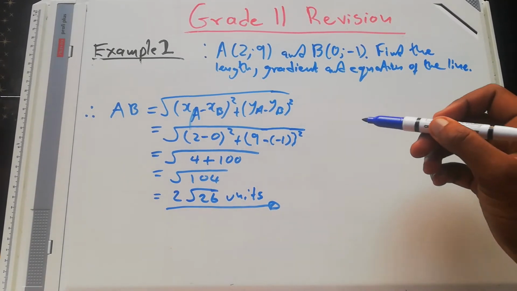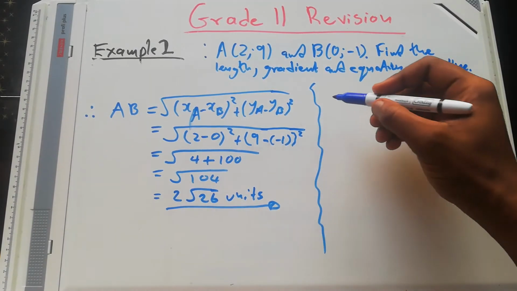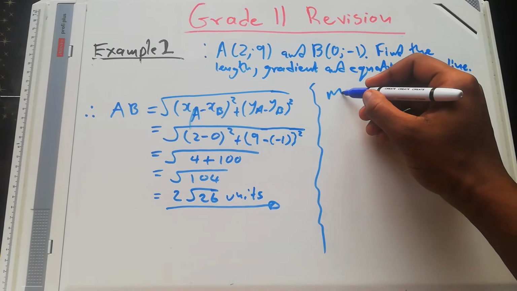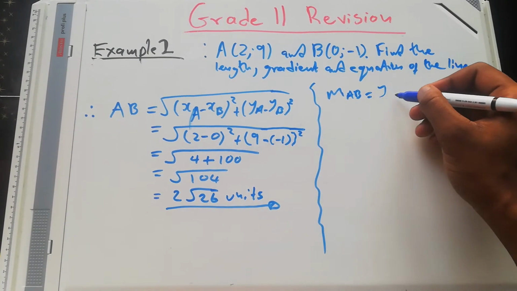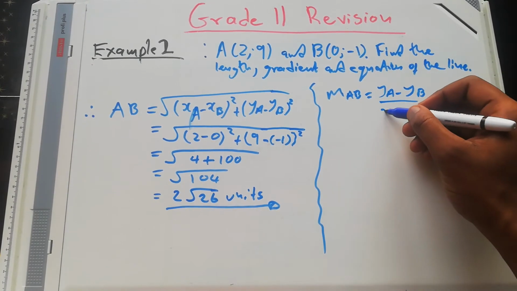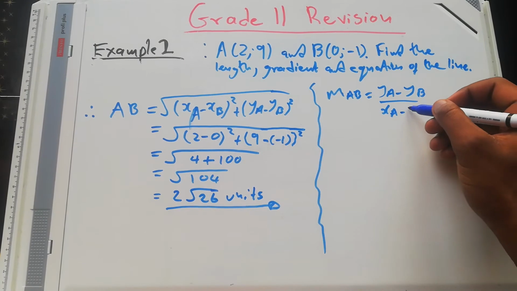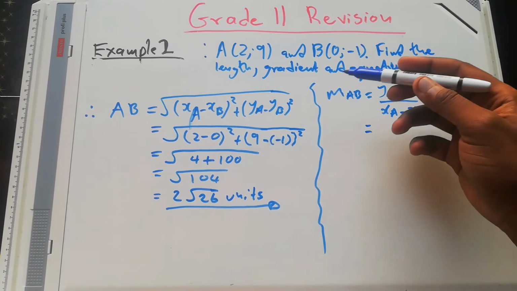So now let's answer the second part, the gradient part. So you can write the equation of a gradient. m of AB is equal to (yA minus yB) all over (xA minus xB), and then you plug in your values.